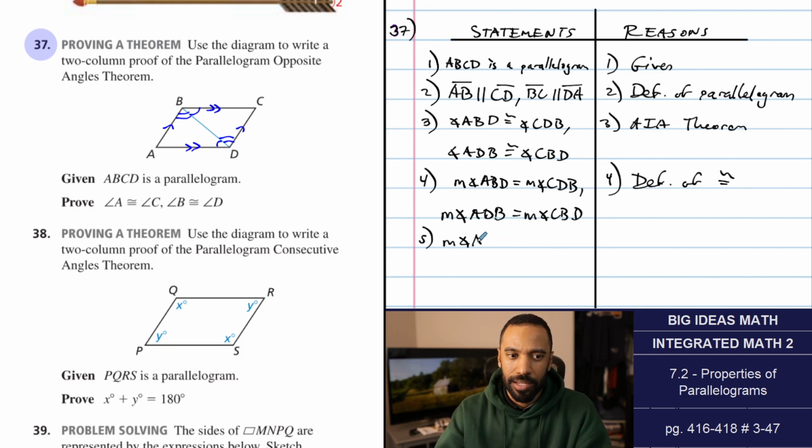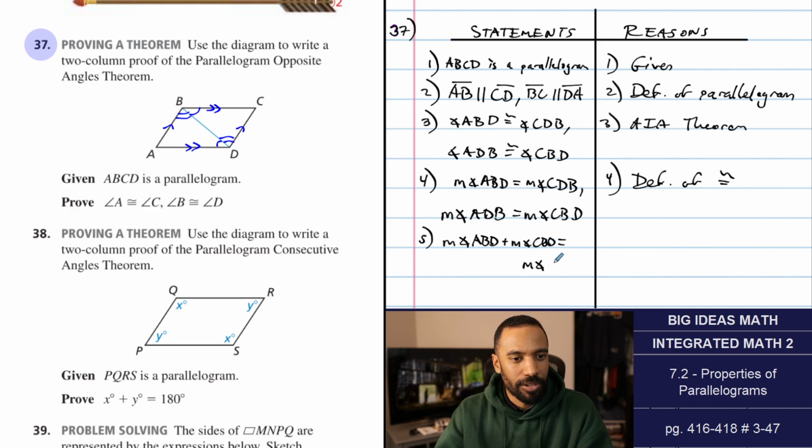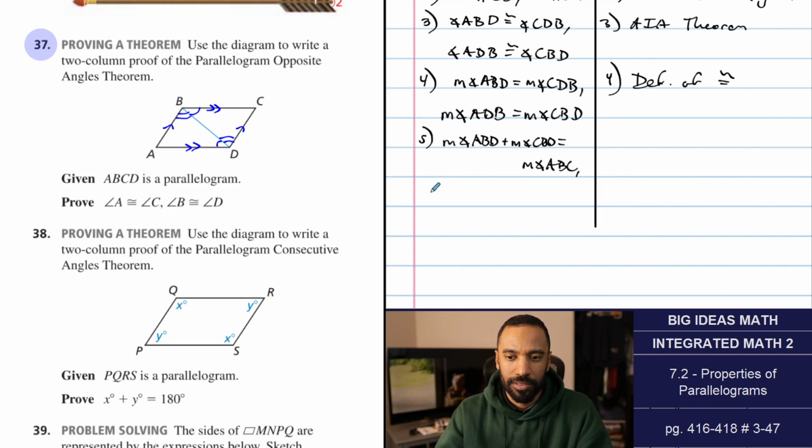Measure of angle ABD plus measure of angle CBD equals measure of angle ABC, and measure of angle ADB plus measure of angle CDB equals measure of angle ADC. This is the angle addition postulate.